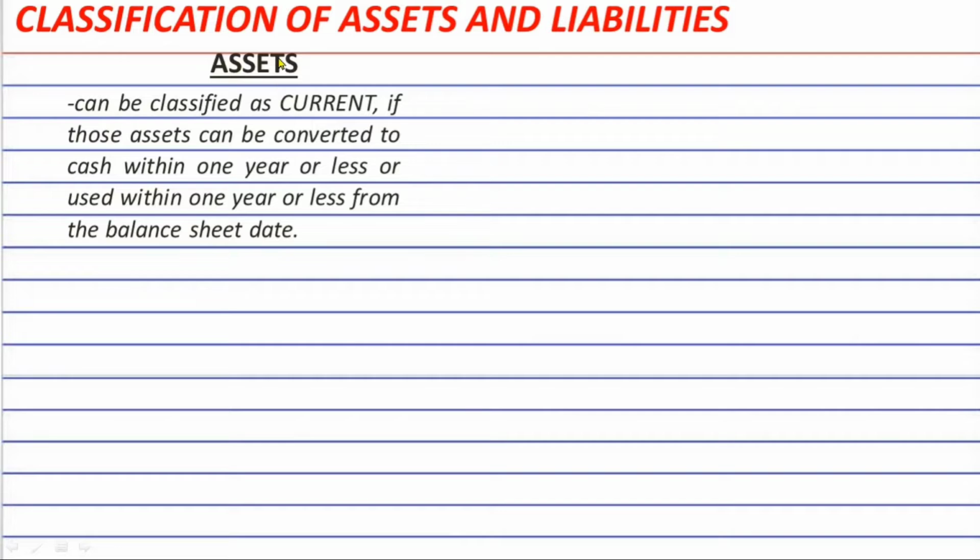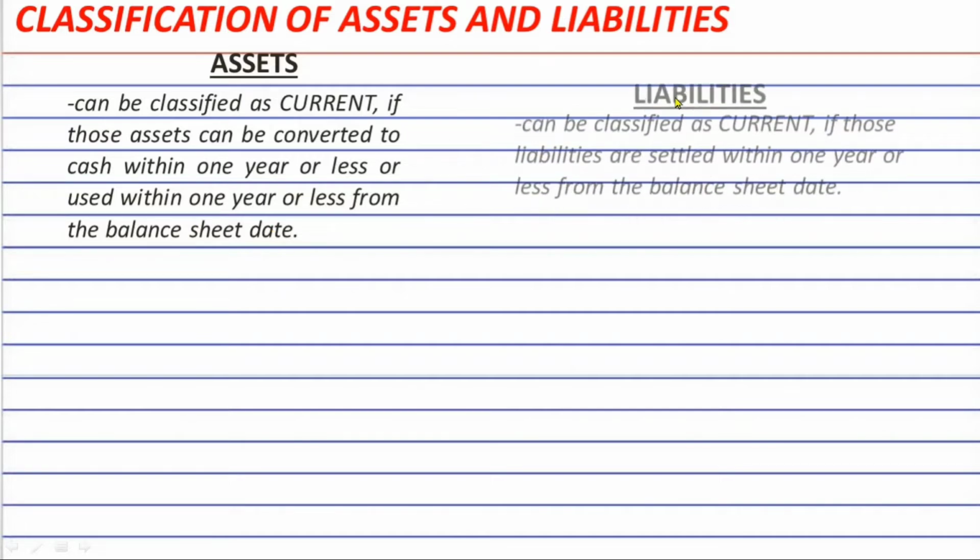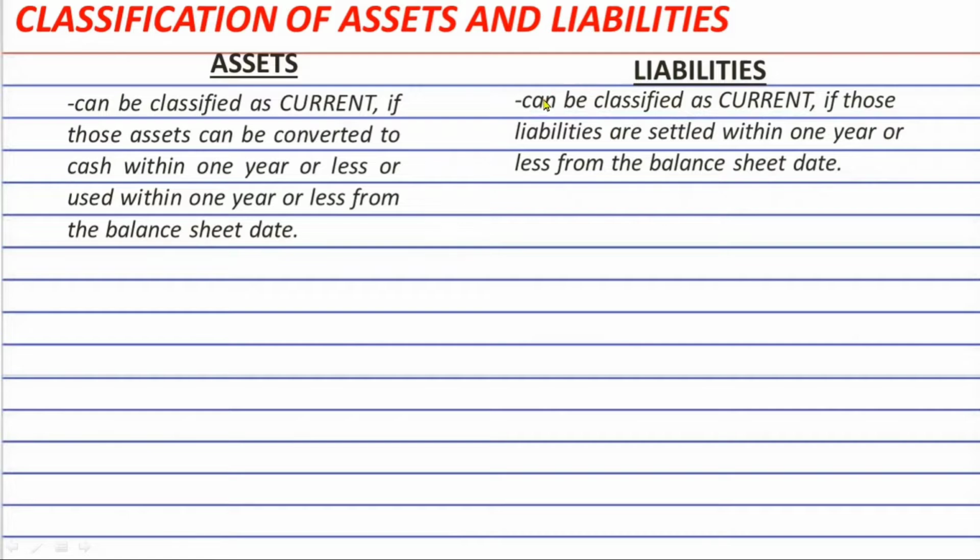And you've always been taught that as to assets, you should classify them as current if those assets can be converted to cash within 1 year or less, or used within 1 year or less from the balance sheet date or from the current year end. And as to liabilities, you are taught that these liabilities are considered current if those liabilities are settled within 1 year or less from the balance sheet date.